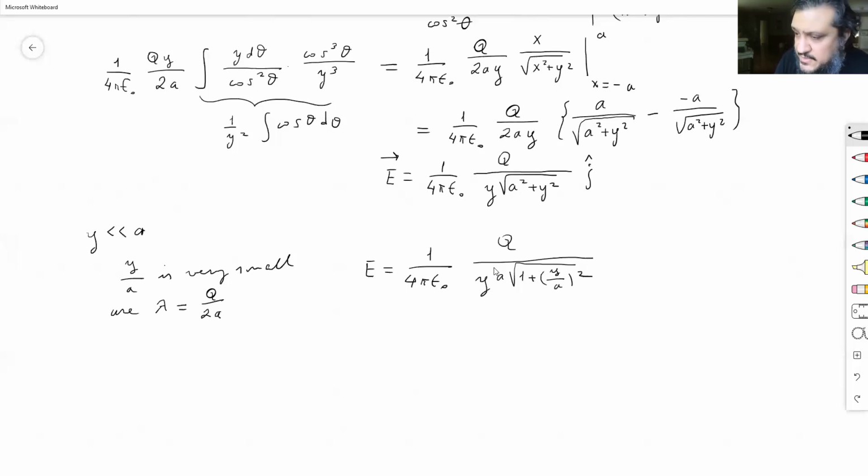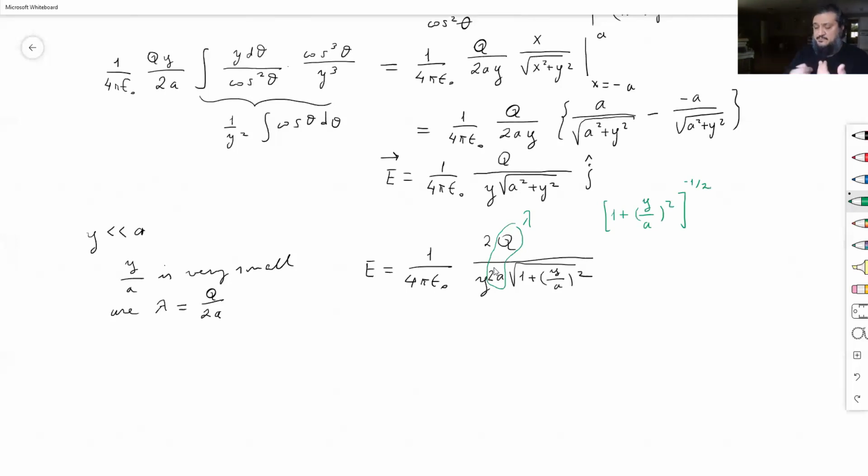So I have q here, so I'm going to add a 2 here, another 2 right there, so that this q over 2a will be my lambda. And also here I have this function, 1 plus y over a squared, to the power negative 1/2.